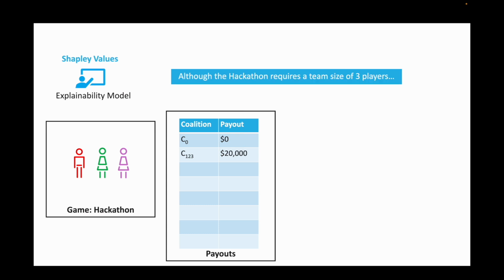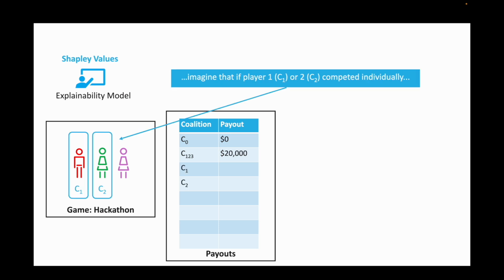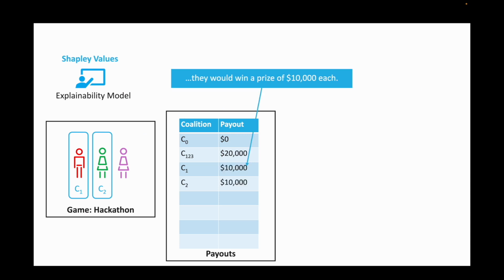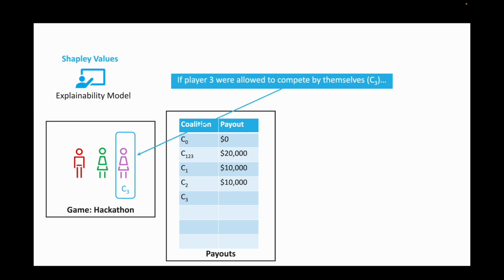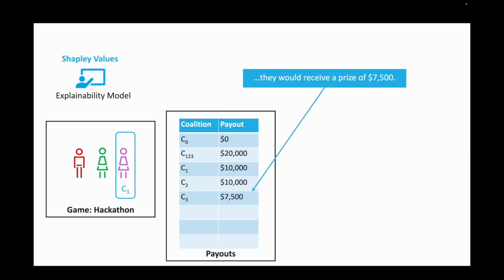Although the hackathon requires a team size of 3 players, imagine that if player 1, C sub 1, or 2, C sub 2, competed individually, they would win a prize of $10,000 each. If player 3 were allowed to compete by themselves, C sub 3, they would receive a prize of $7,500.